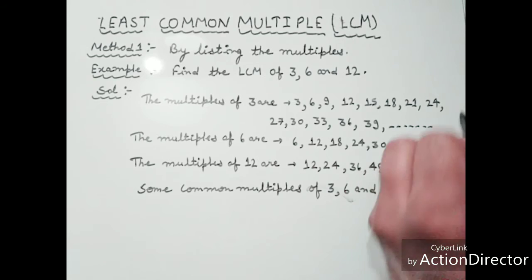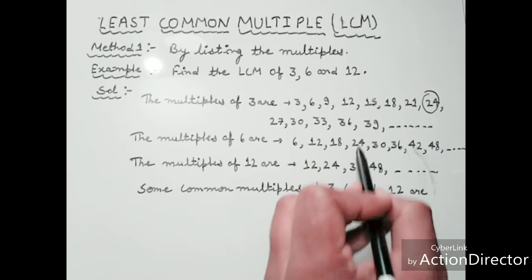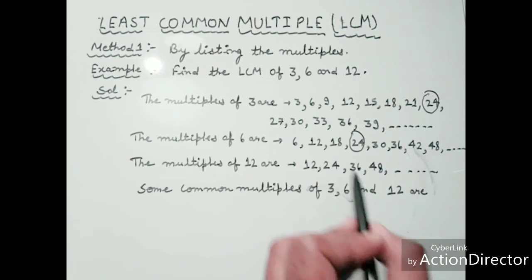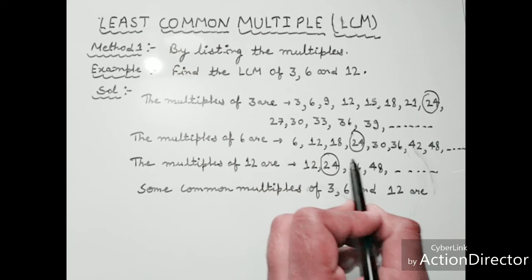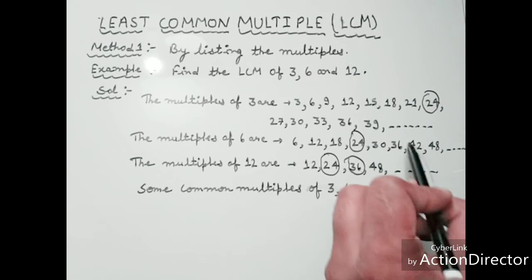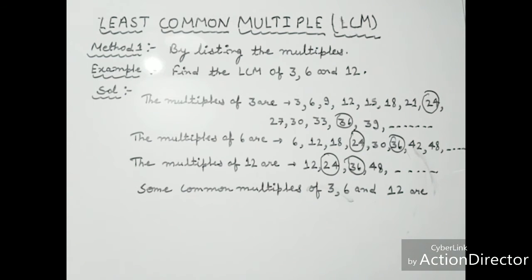First we mark 24. 24 is here and here and here also. And the second number is 36. 36 here, 36 here, 36 here. So we write 24 and 36 and other numbers also.